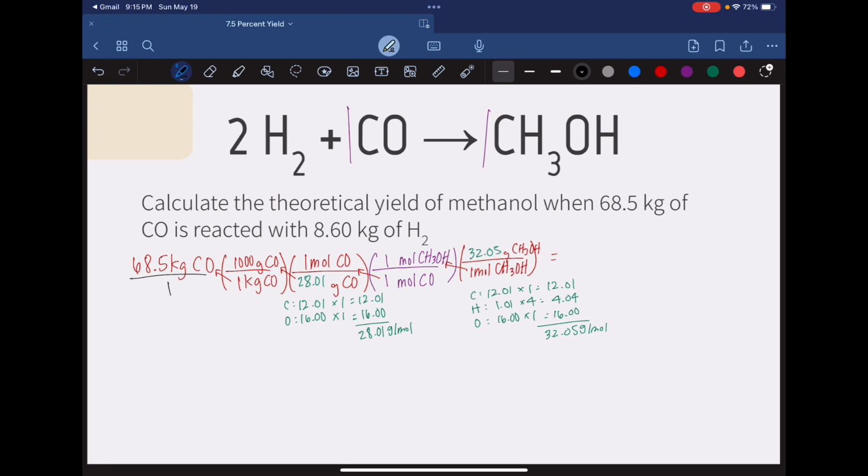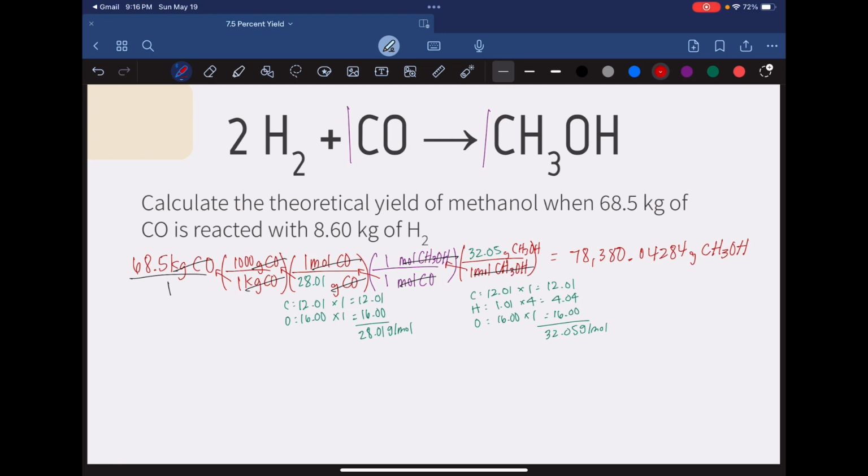To make sure all of this cancels, I have to look at what's at the top and what's at the bottom. Kilograms of CO, grams of CO, moles of CO, moles of CH3OH, and that leaves me in grams. When I put this onto the calculator, I'll get an answer that looks something like this: 78,380.04284 grams of methanol.